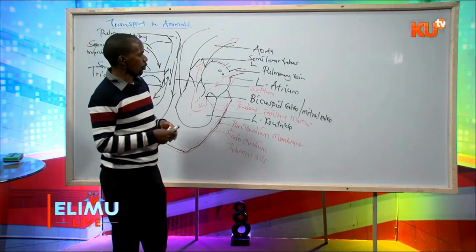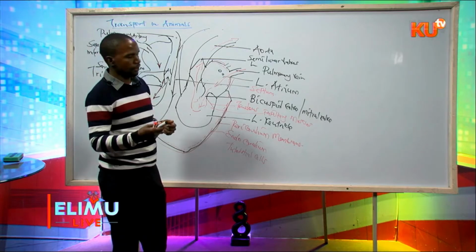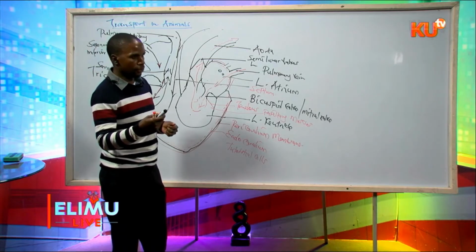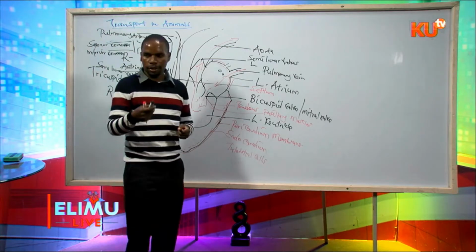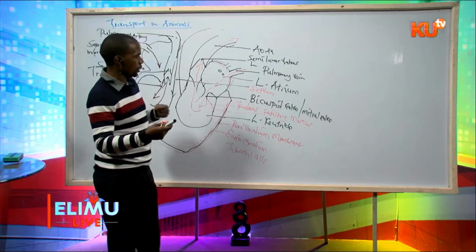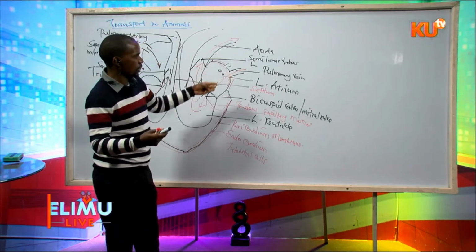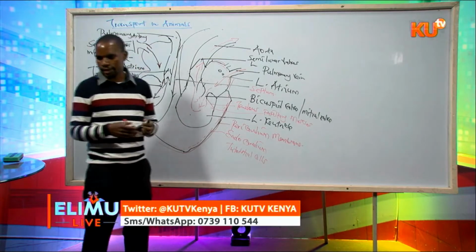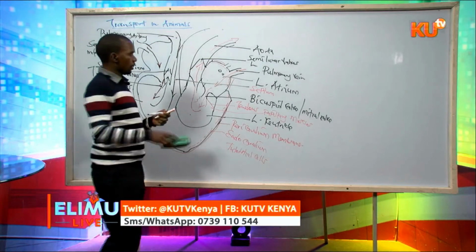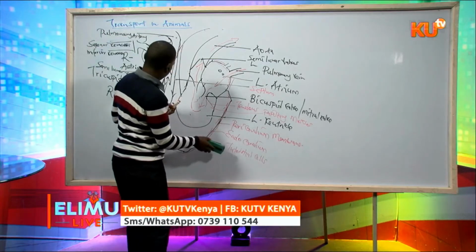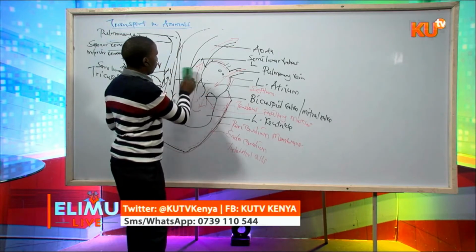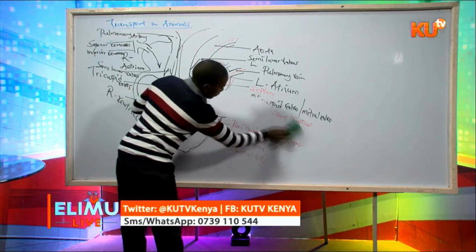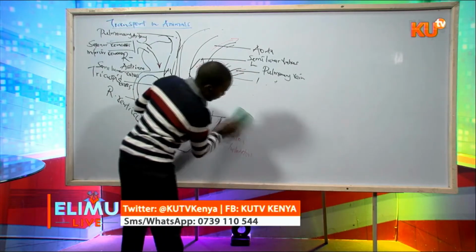So we just want to look at those arteries within our body which branch from the aorta. The first artery, I think it will allow me now to do away with this diagram, hoping that we are now together.